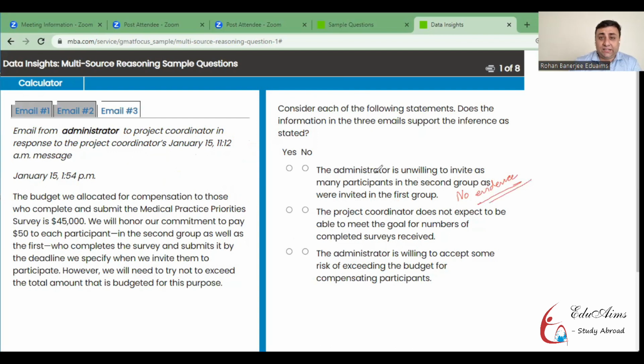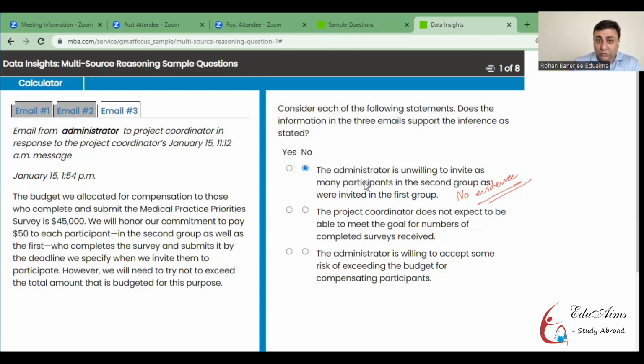Because the administrator wants the survey, he's just asking whether we need to send it to an additional group of people. There is absolutely no evidence to suggest that the administrator does not want to invite as many participants because he needs the 700 responses in order to serve whatever function that particular survey is going to serve. So the first option is no.